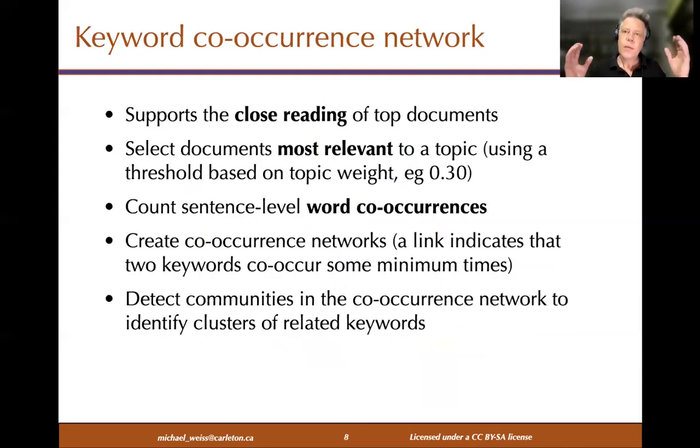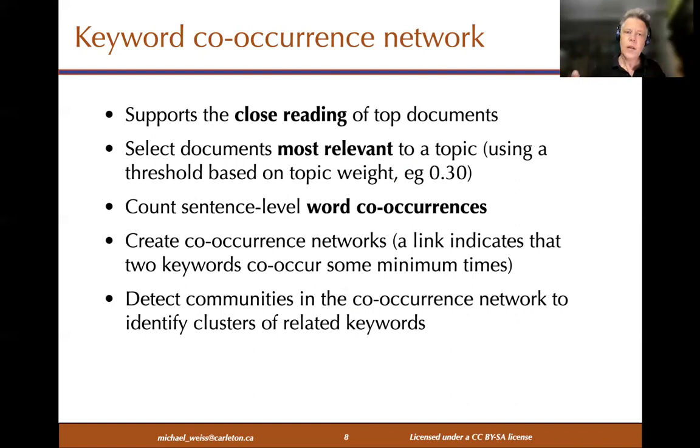To then step into close reading of documents associated with a particular topic, this is supported by visualizing a keyword co-occurrence network. To that end, we select the most relevant documents for a topic, again using some threshold, and we count word co-occurrences at the sentence level.